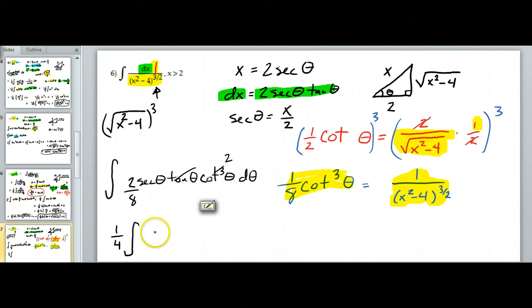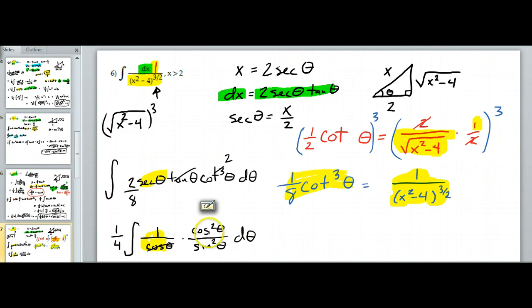Then I'm left with a secant theta and a cotangent squared theta. Now I'm going to write that as 1 over the cosine of theta. That's what secant is equal to. Alright, the tangent theta is gone. Cotangent squared theta is cosine squared theta over sine squared theta.